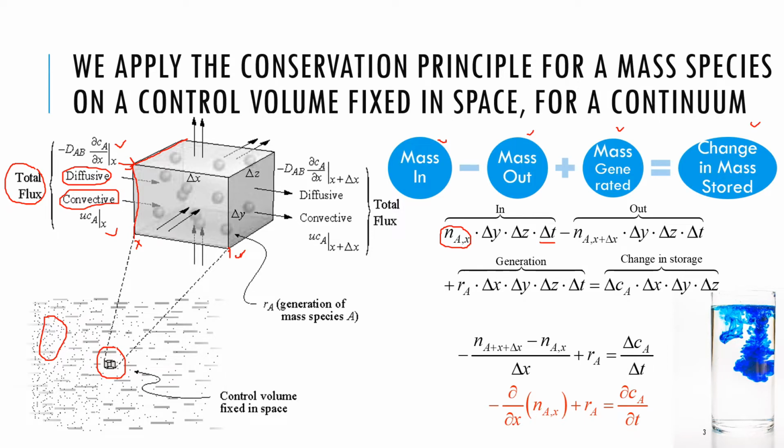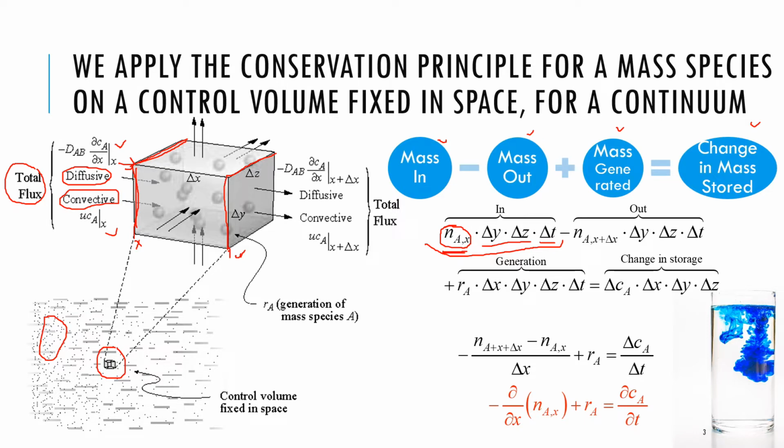If NAX is kilograms per meter square per second, then the kilograms that come into the control volume would be NAX multiplied by the area of this face, which is delta y delta z. That's the amount that comes in over time delta t over the entire cross-sectional area.